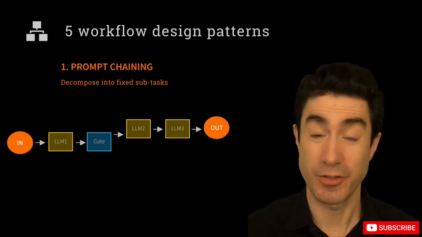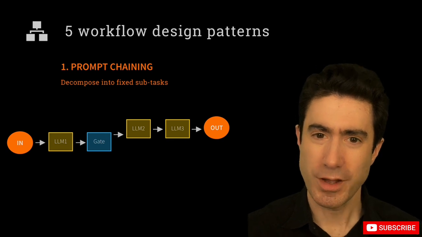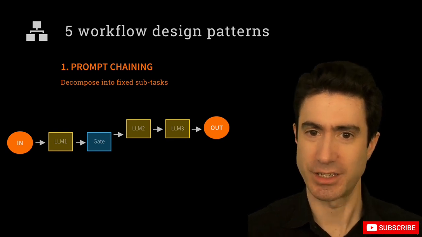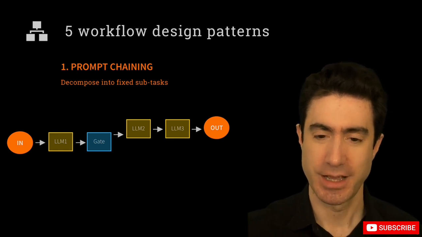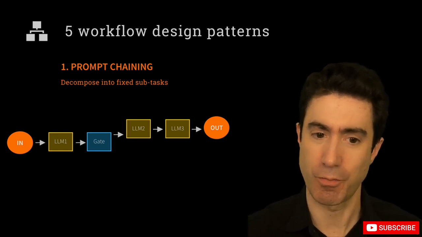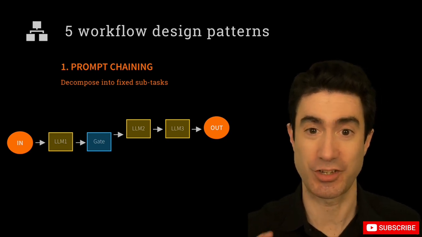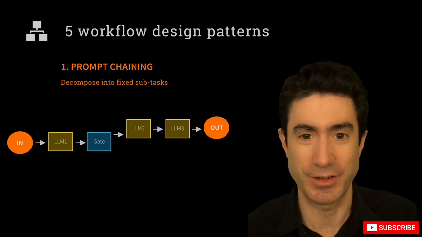Now, I want to make a point that you might have already thought of. Whilst Anthropic is quite clear to define this as a workflow and not an agent pattern, it is perfectly possible for a prompt chaining workflow like this to be giving the LLM some discretion on what activities happen.